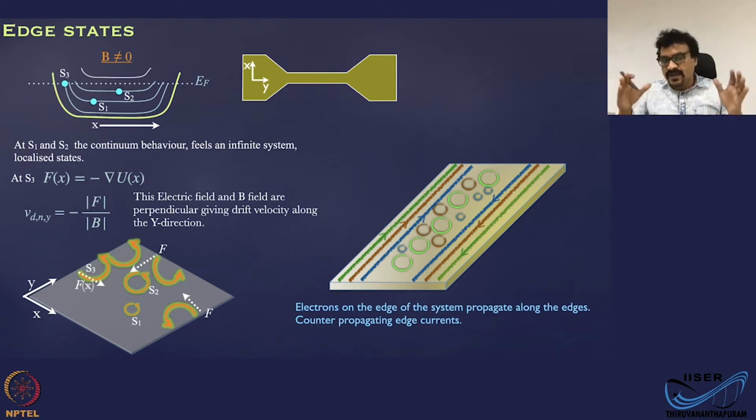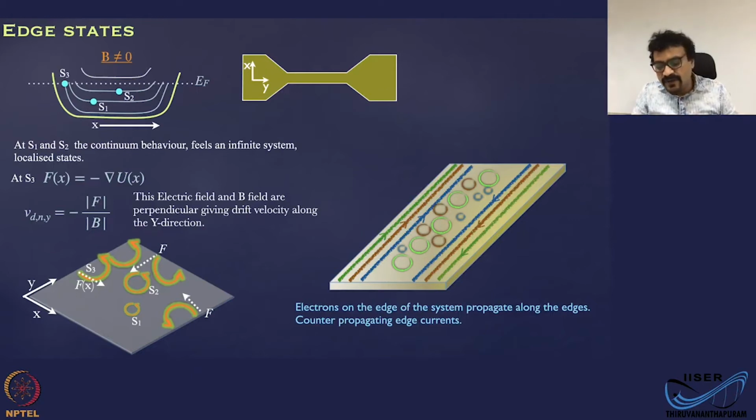So you can consider that at the edges the potential is going up, and this acts like you're pushing the electrons into the bulk, with a force f of x given by minus del u. Now you have the edge states because of the magnetic field that is normal to the plane, and the force is perpendicular to the field direction because of the edge.